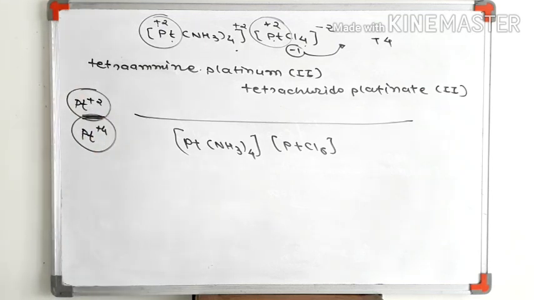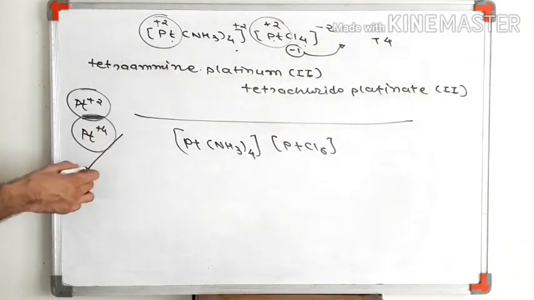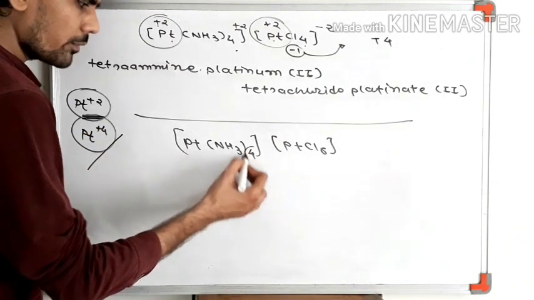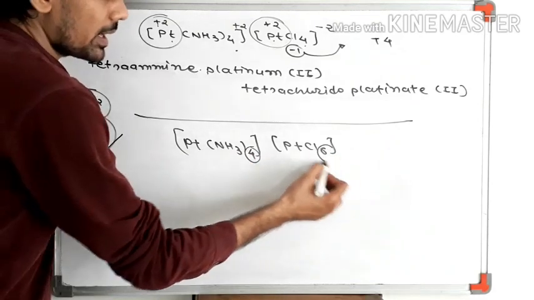So if they give this kind of example where two different complex ions are present, the complex ion which possesses the higher coordination number possesses the higher oxidation state. Like the coordination number is 4, and the coordination number is 6.